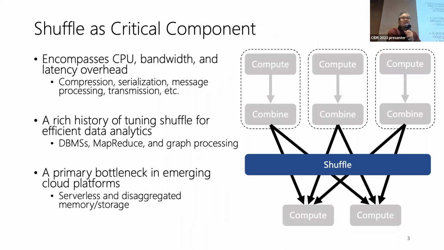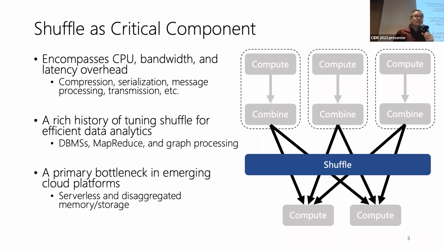So why is shuffle interesting as a component to look at? In fact, there is a lot of work that has been done in this area over the last decade and even longer. The first thing is that it involves a combination of CPU, bandwidth, and latency.